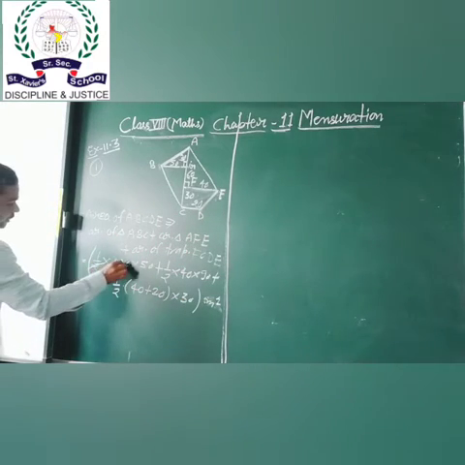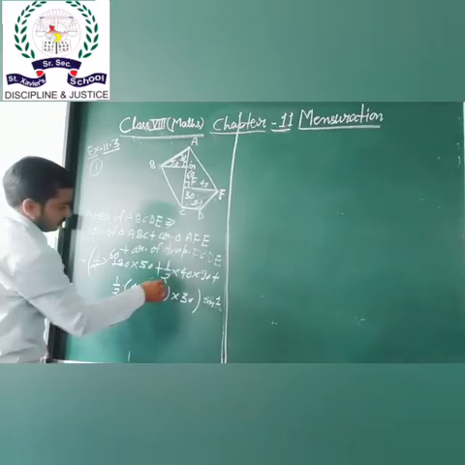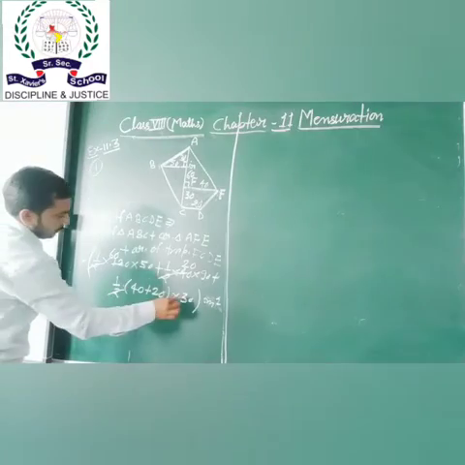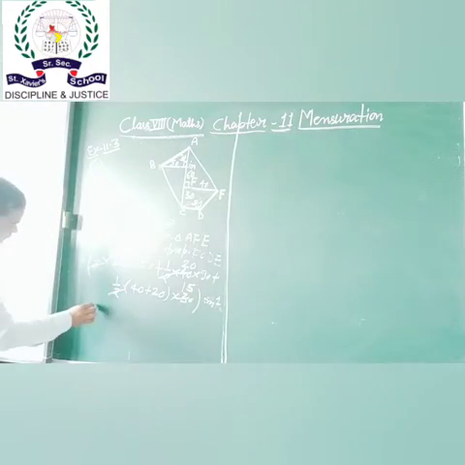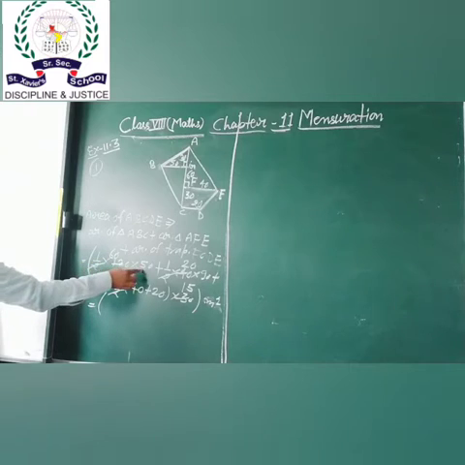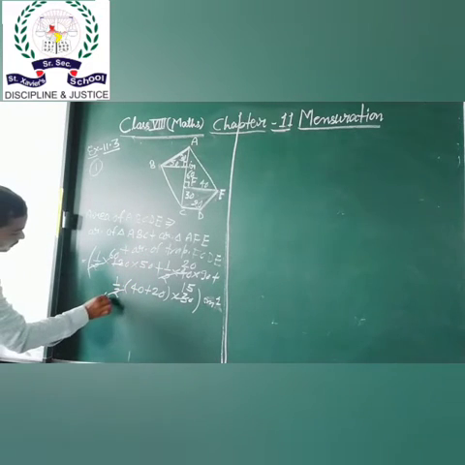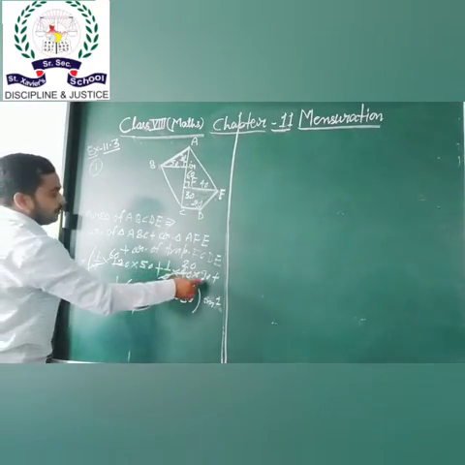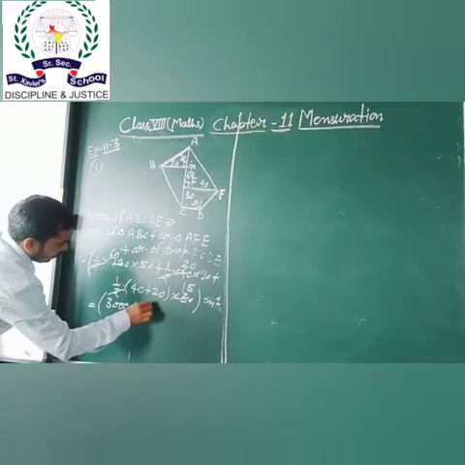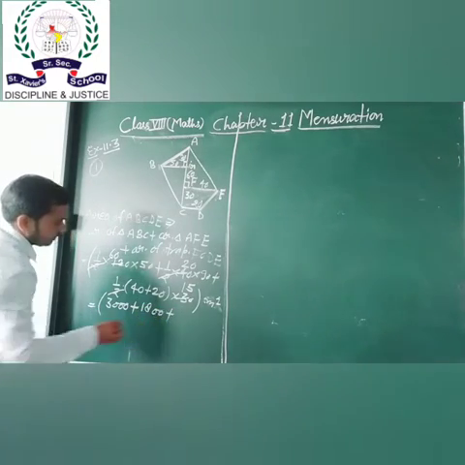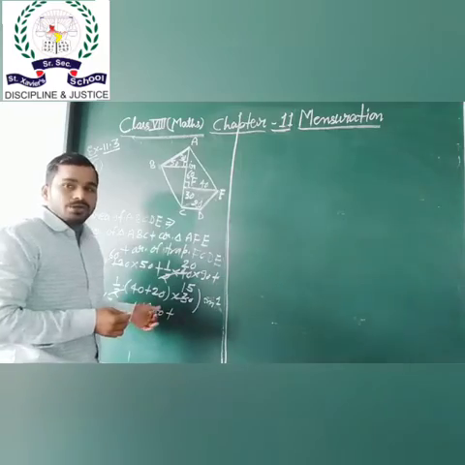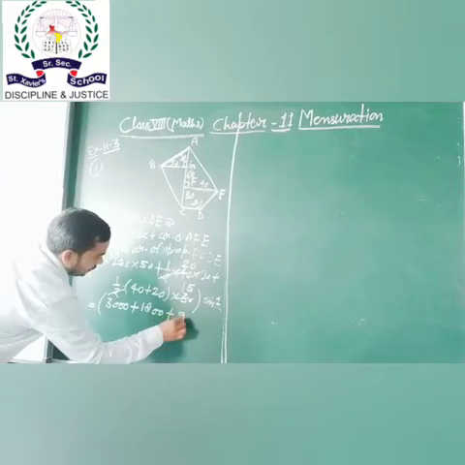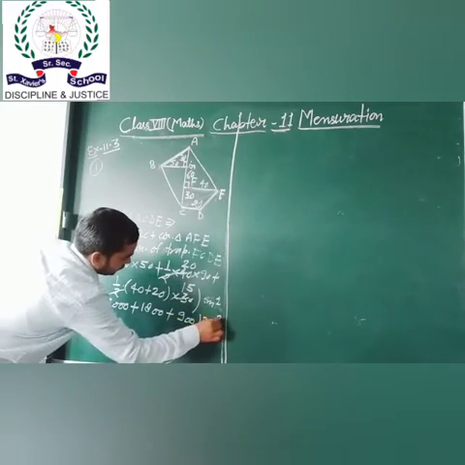Solve: 2 6s are 12, 2 2s are 4, and 2 1s are 2, 2 5s are 10. So we have 60 into 50, 6 5s are 30, and 2 zeros, 3000, plus 20 into 90, 2 9s are 18, and this 2 0, 1800, plus 40 plus 20 is 60, 60 into 15, 15 6s are 90, and 0, 900 meter square.